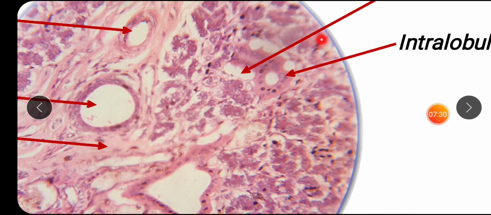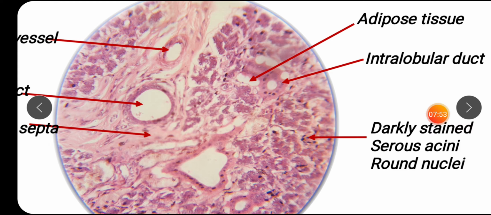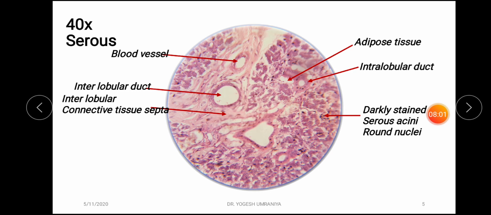Another duct that is also known as an intralobular duct is the intercalated duct, but that is not bright pink, it is light pink, and the nuclei are situated away from the luminal aspect. And this is the darkly stained serous acini. Again in this region you can see the round nuclei also of the serous cells.